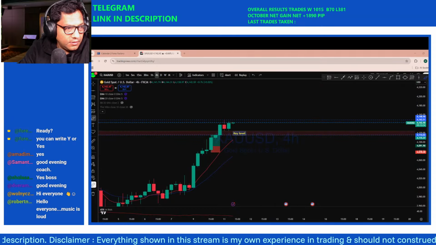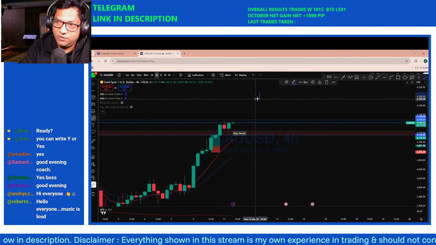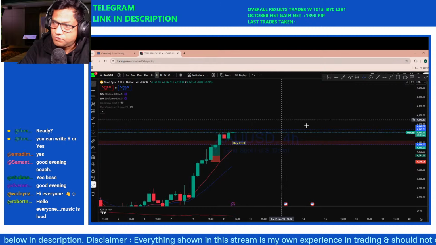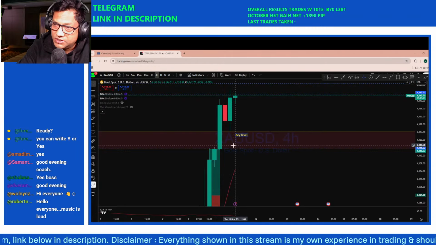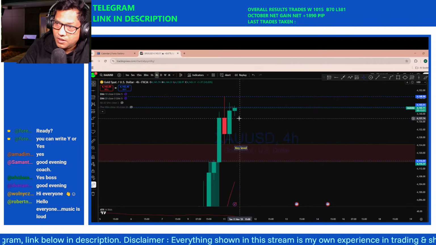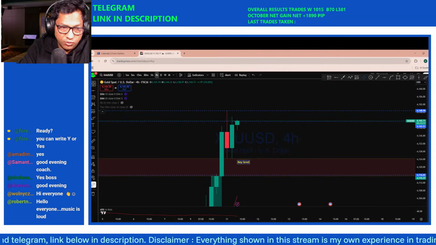And because it's overextended to the upside here, the best area of value is from this fair value gap, potentially after a possible drop back below.